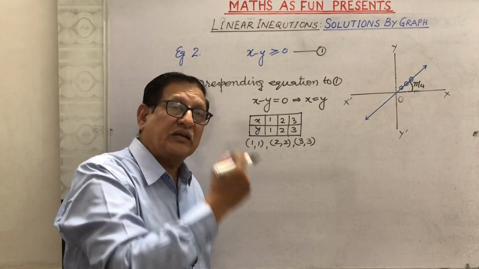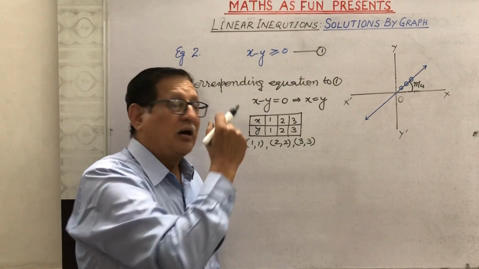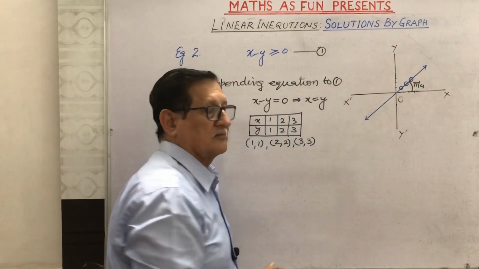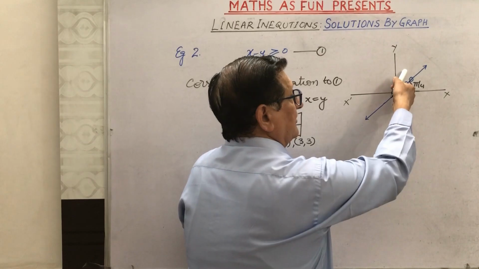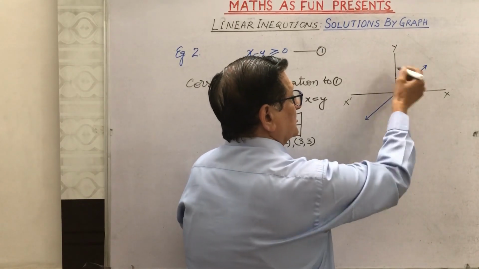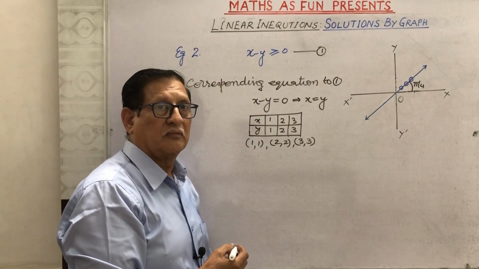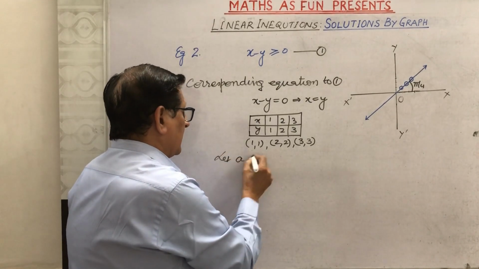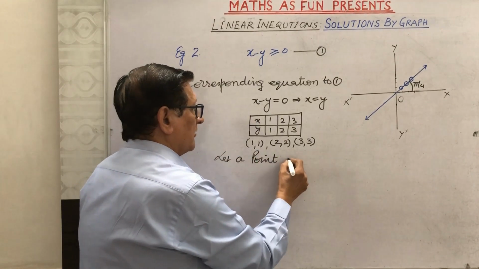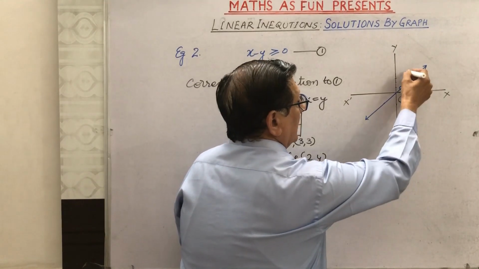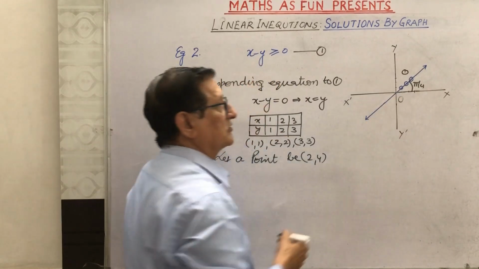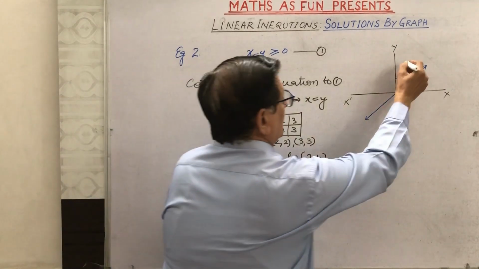So what we do, we take any point either in this space or this space. Suppose we take a point on this side in this space, that is suppose (2, 4). Let a point be (2, 4). This is suppose 2 and this is 4. This is the point.